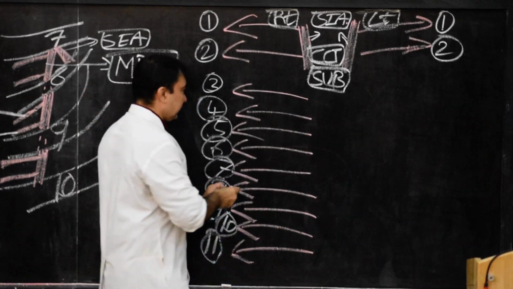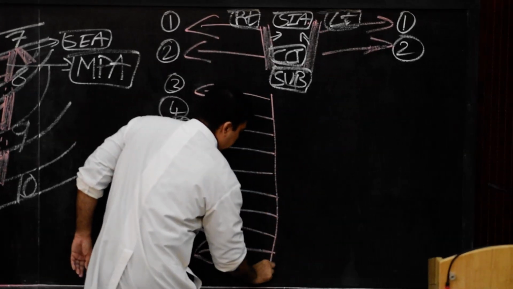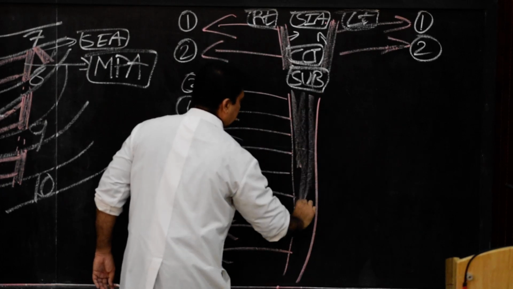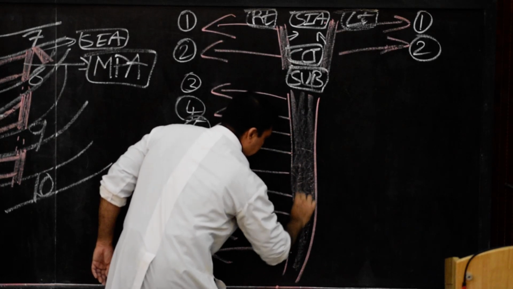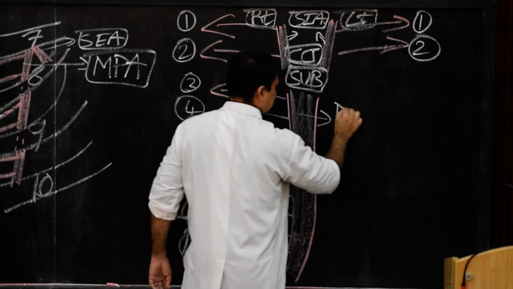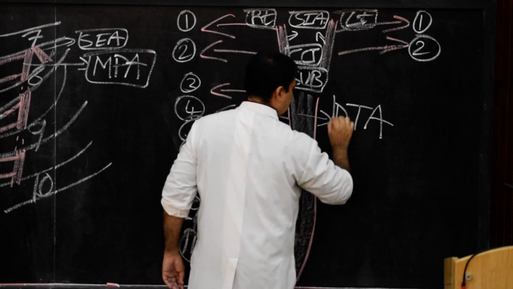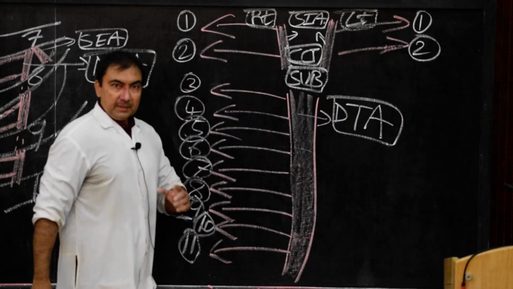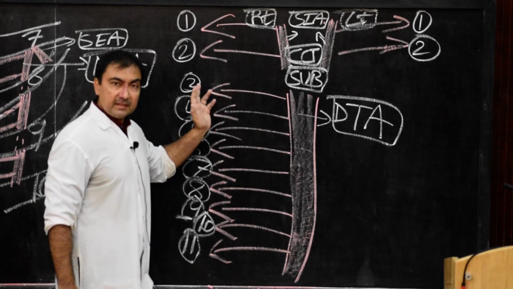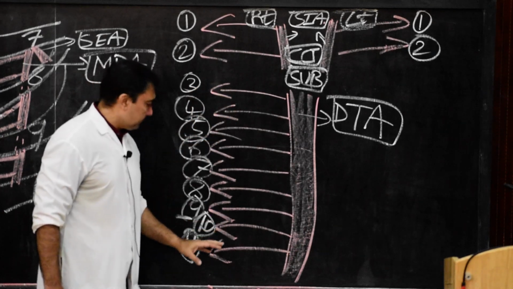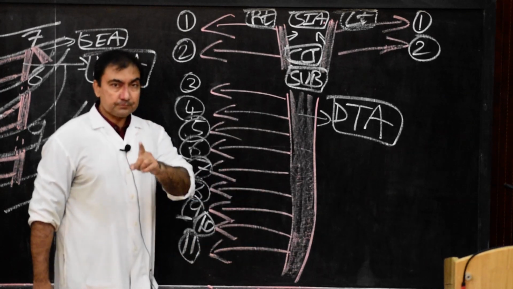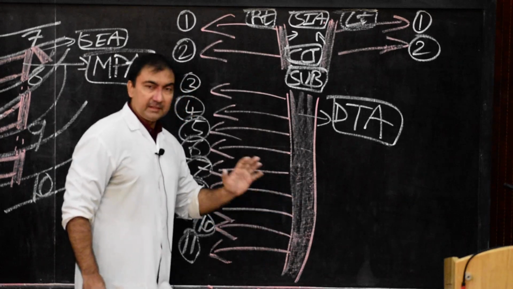So here I simply draw one stem, and this stem is the descending thoracic aorta. Here I mention it as descending thoracic aorta. So remember one thing, from the third posterior intercostal artery till the 11th posterior intercostal artery, on both right and left side, they are branches of the descending thoracic aorta.